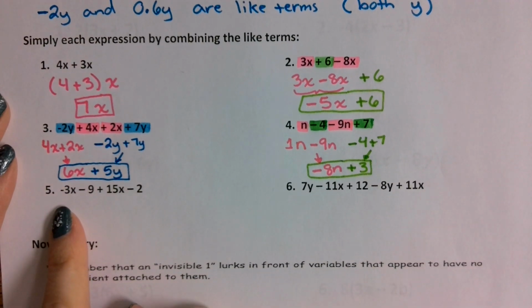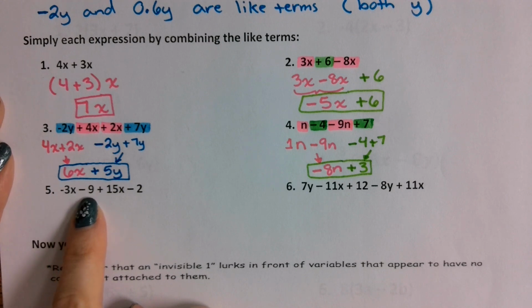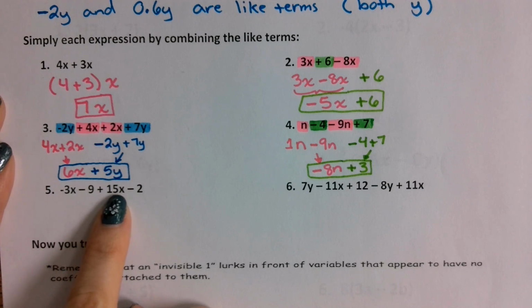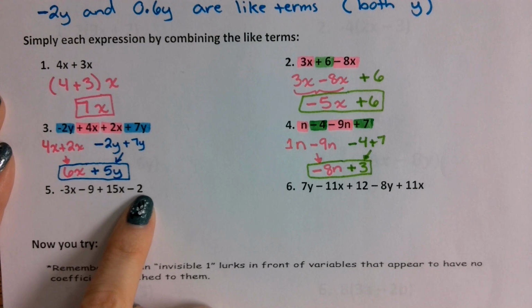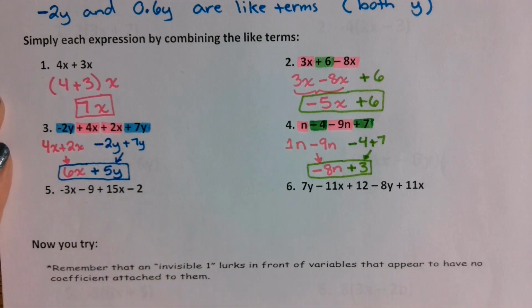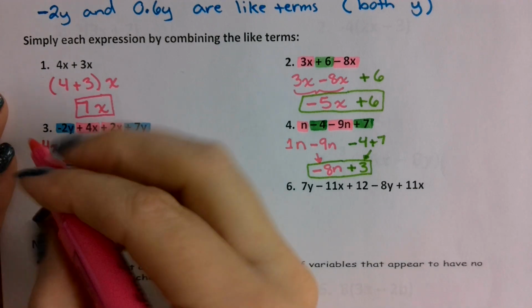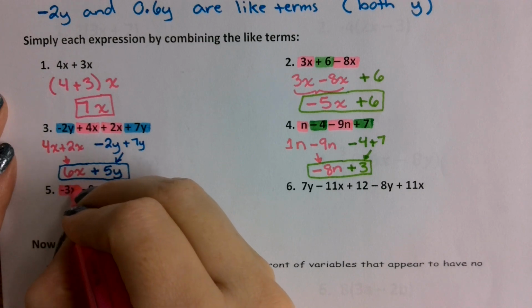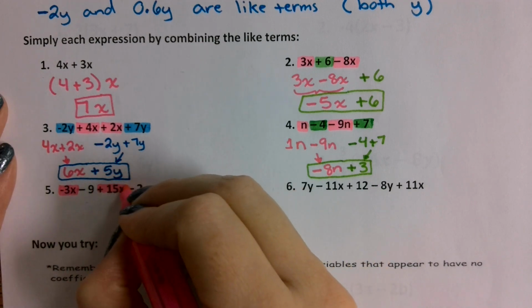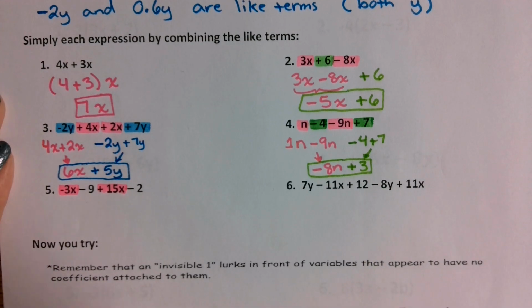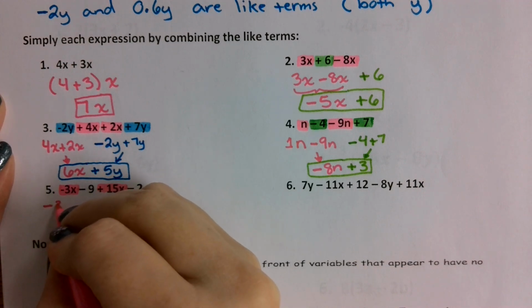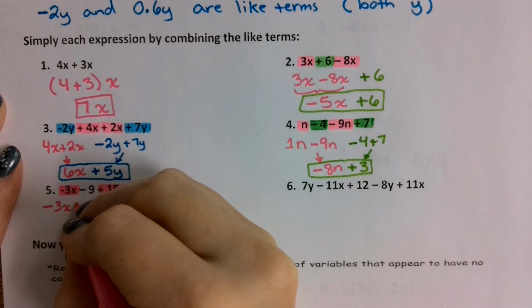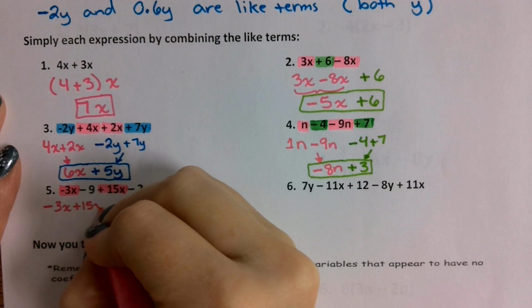Okay, for problem 5, we've got negative 3x minus 9 plus 15x minus 2. So we only have one set of variable terms. I'm going to focus on those first. Negative 3x plus 15x.